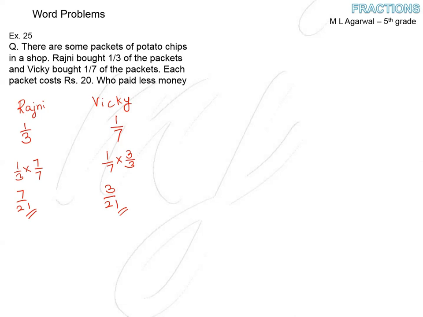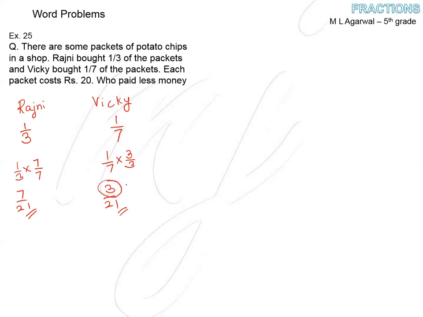So who's paid more or who's bought more packets? Naturally 7 is bigger than 3. Okay. So if I'm buying 7 packets, each costing 20 rupees, I'll be paying 140 rupees here. But here Vicky is paying only 60 rupees. So who paid less money? Vicky paid less money.